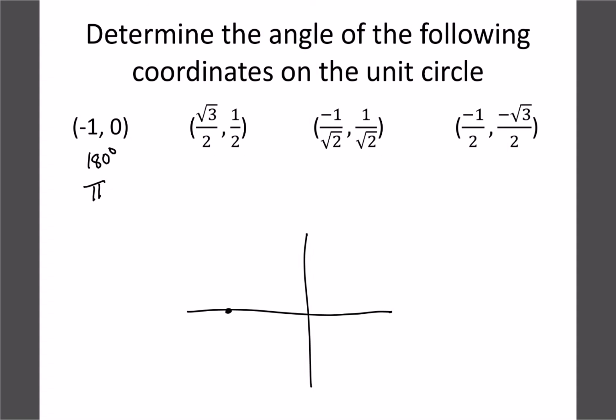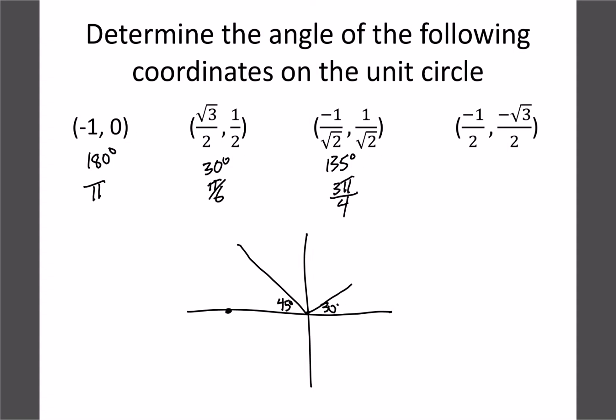Root 3 over 2 and 1/2, that would be our 30-degree angle triangle. So that would be 30 degrees or pi by 6. Here we got negative 1 over root 2 and positive, so that's 45 degrees up like that. So that would be 135 degrees, or in terms of pi by 4s, that would be 3 pi by 4.